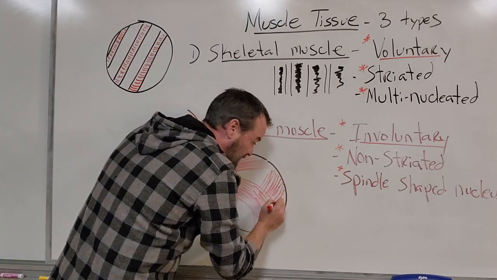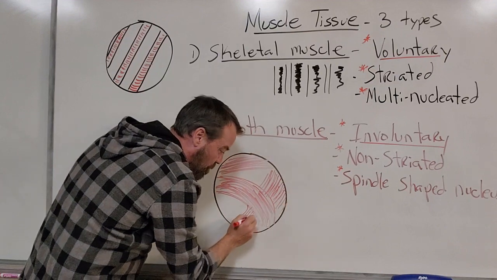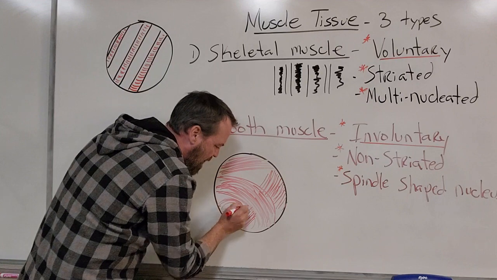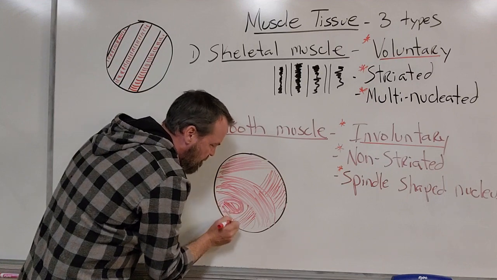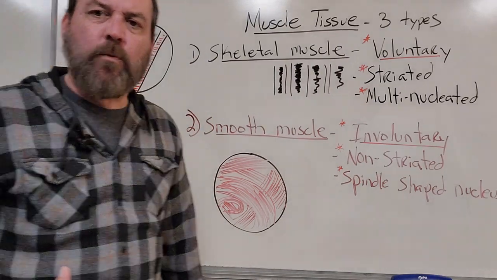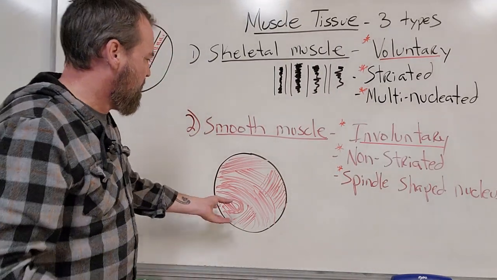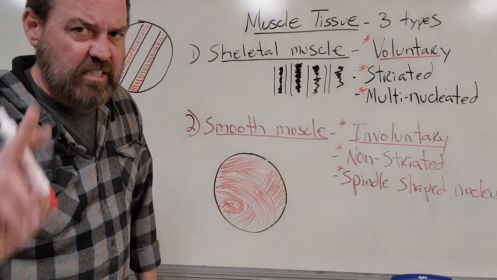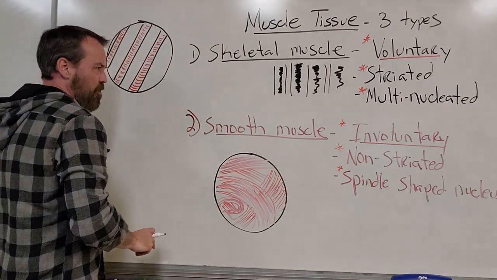And what we end up producing is no pattern whatsoever because this is all just kind of completely randomized as it's laid down to give us that non-striation effect. So that's kind of what we want to see when we look through the microscope. When we notice all of these muscle fibers moving in different directions, we're going to think, that's smooth muscle because there's no pattern.